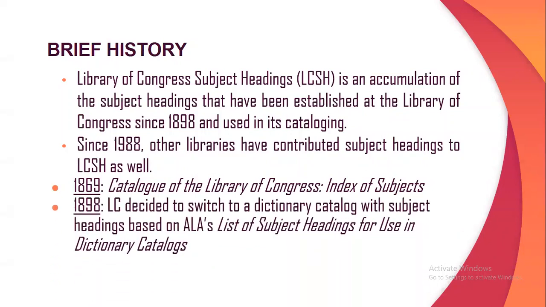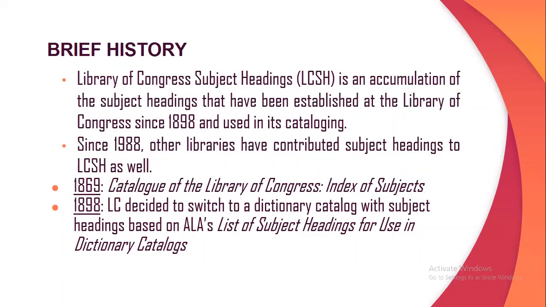In 1898, after the Library of Congress moved into its new Capitol Hill building, it decided to switch to a dictionary catalog. Headings were based on the 1895 edition of the American Library Association list of subject headings for use in dictionary catalogs.